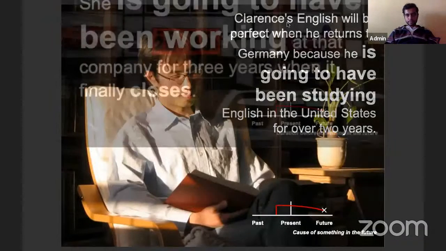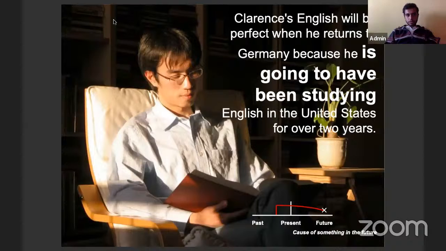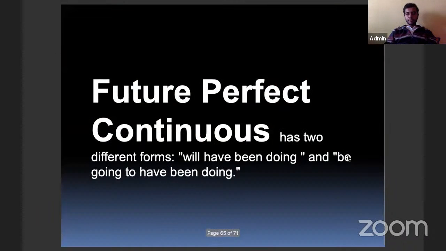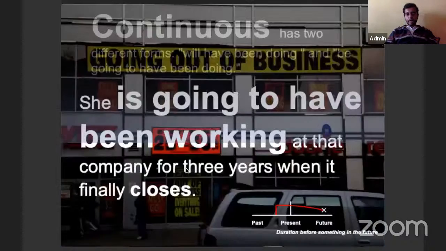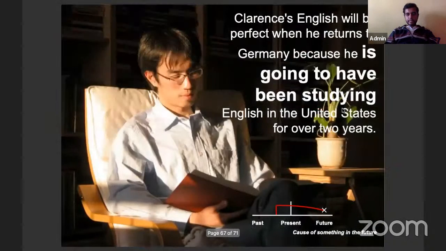Now, what is this? Clarence's English will be perfect when he returns to Germany because he is going to have been studying. Again, future perfect continuous, is going to have been studying English in the United States for over 2 years.